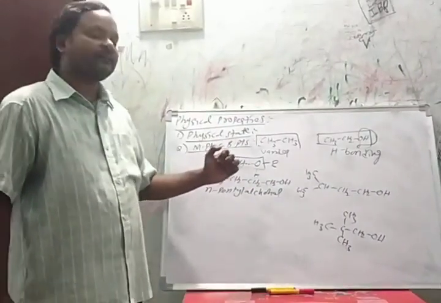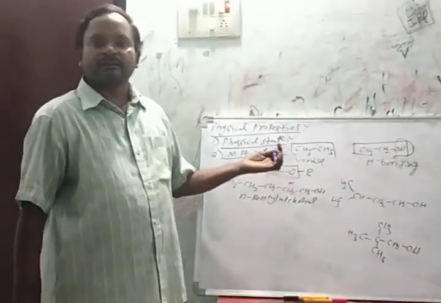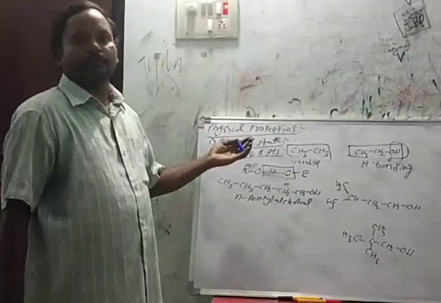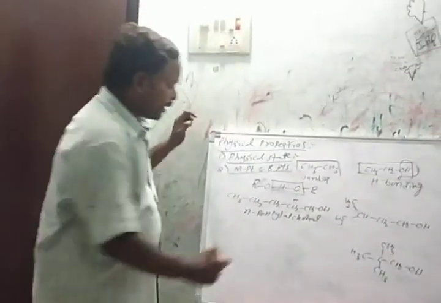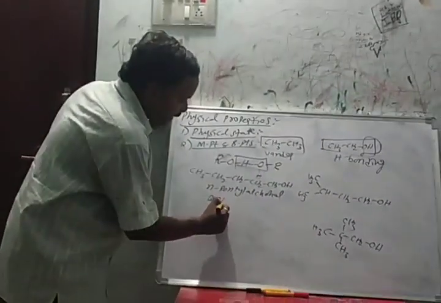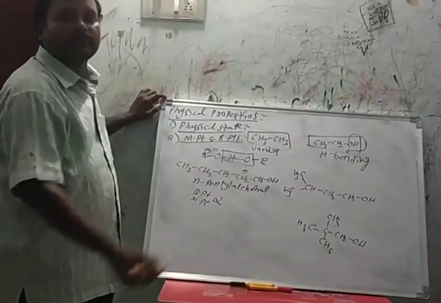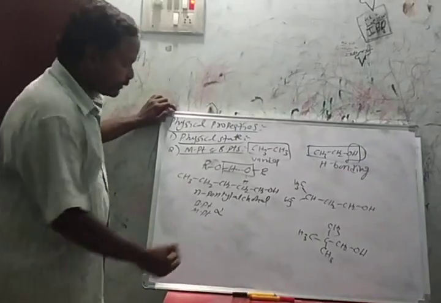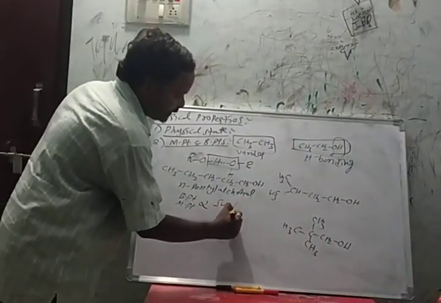Which has more surface area? That particular molecule has the higher boiling point and melting point. The boiling point and melting point of isomeric alcohols, or any isomeric compounds, are directly proportional to the surface area.